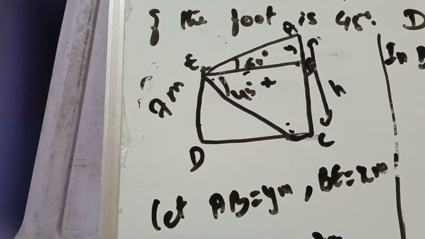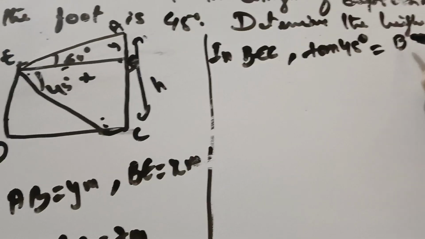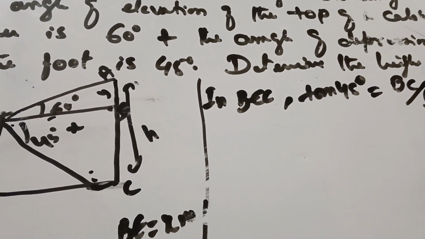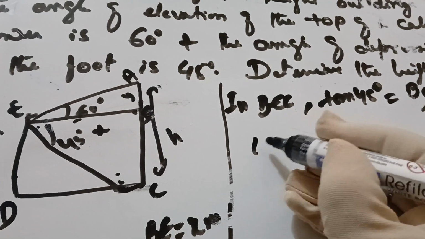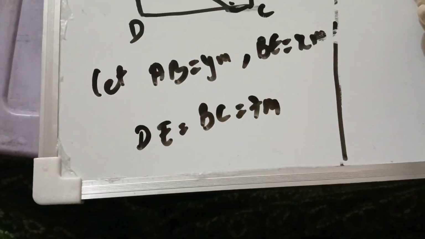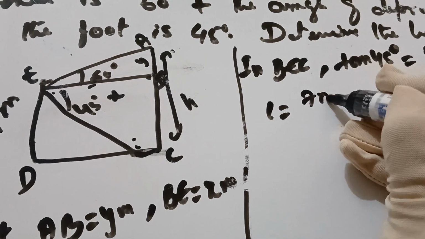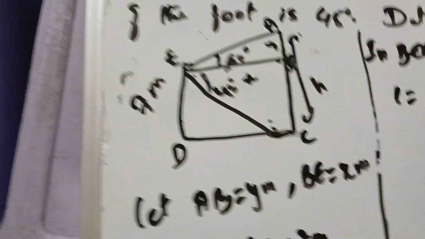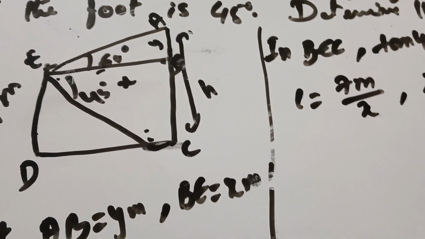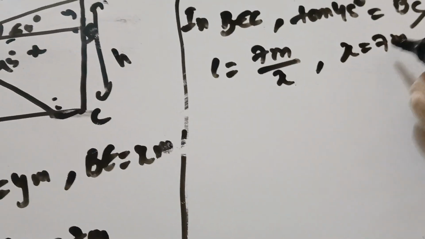We know tan 45 is 1, and BC is 7 meters, and BE we have supposed as X. So we get X is equal to 7 meters. We record the X value as 7 meters.